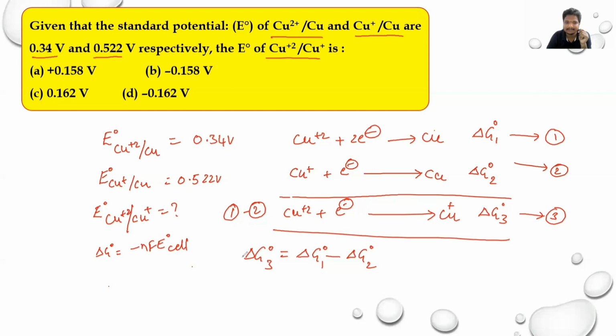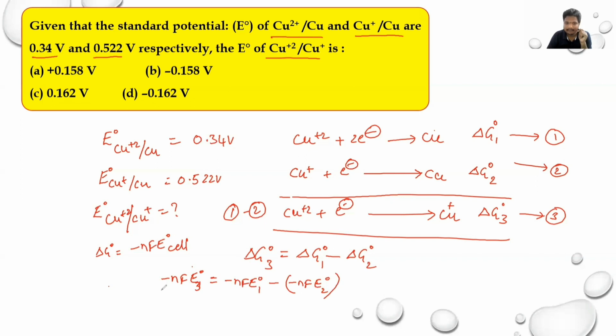Let us substitute this expression here: delta G3 naught is equal to minus nF E1 naught minus nF E2 naught, where n is the number of moles of electrons transferred and F is Faraday's constant.